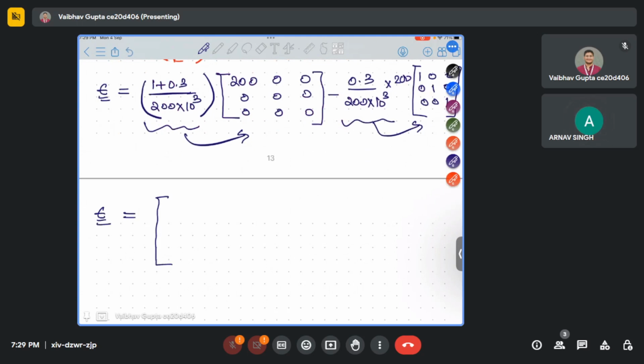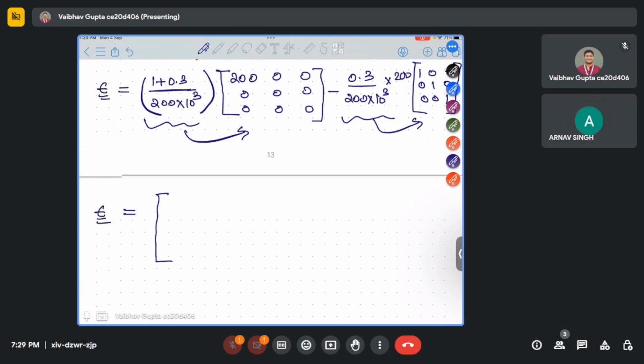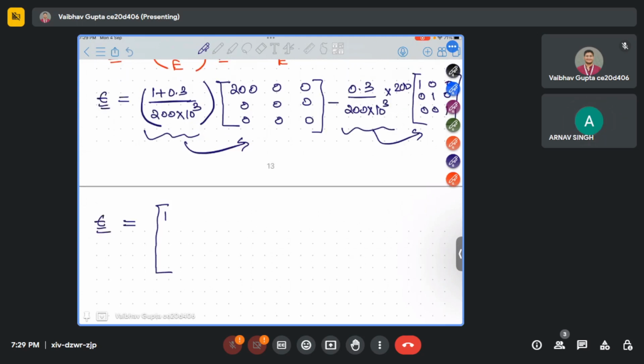What will you get? First we will take common. 1.3 into 10 to the power minus 3, with the matrix 0, 0, 0, 0, 0, 0, 0, 0, minus. See, this 200 will cancel out with this 200.